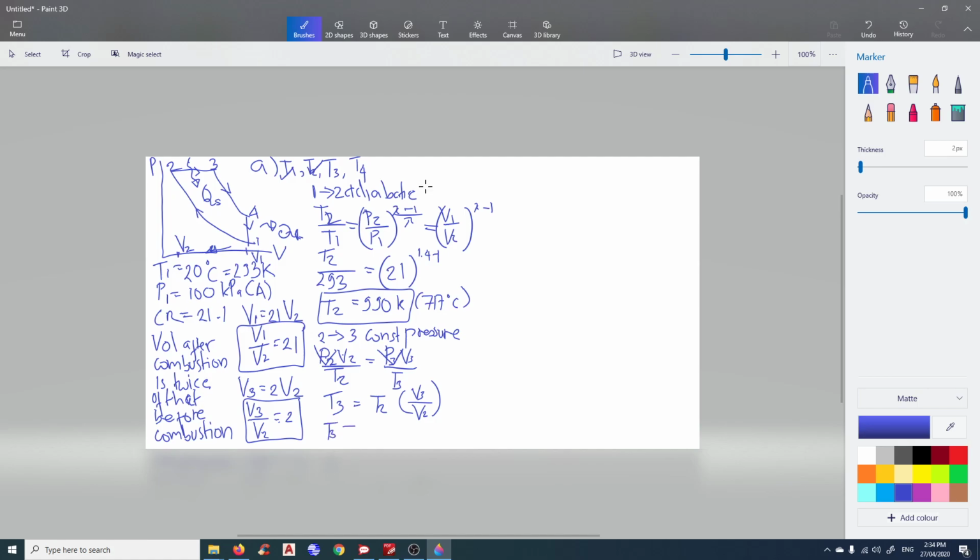So T3 equals 990 Kelvin multiplied by 2, which gives us 1981 Kelvin or 1708 degrees Celsius.